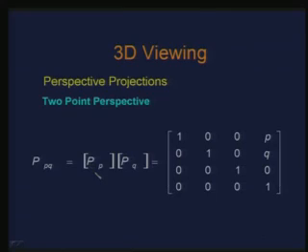Then we looked at 2 point perspective, where one can get 2 point perspective just by concatenating 2 single point perspectives, and that is what is happening here. You have 1 point perspective here, this is also 1 point perspective, and this is the resulting transformation for 2 point perspective, giving 2 centers of projection and the respective vanishing points.